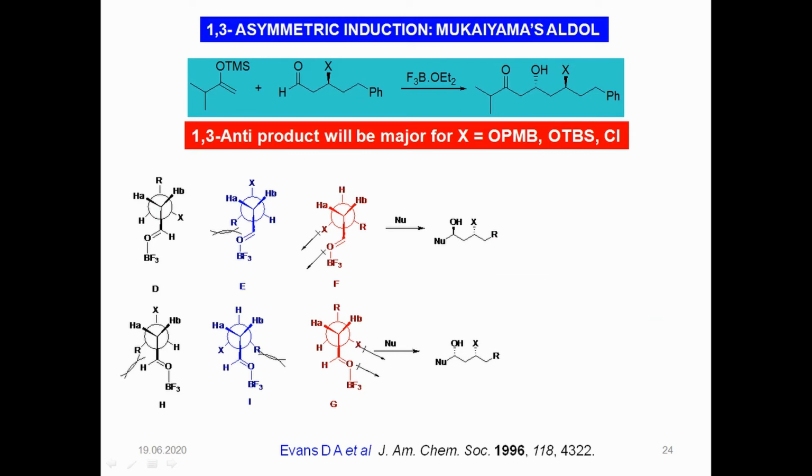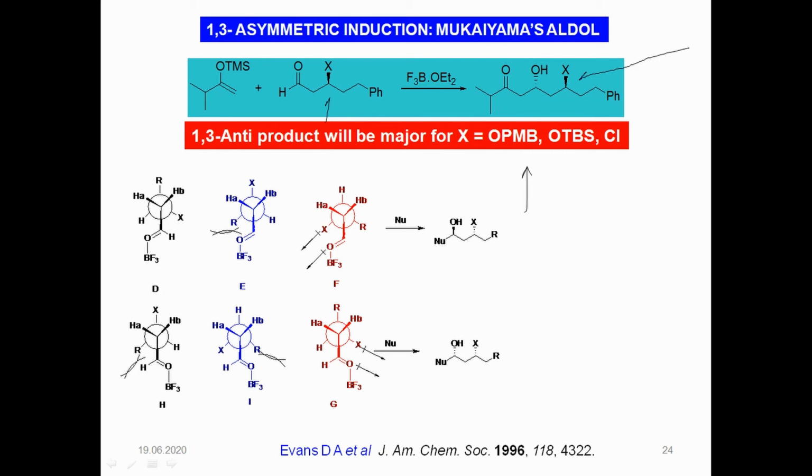Another methodology is 1,3 asymmetric induction. This is called Mukaiyama aldol. What we will do is protect the enolate in the form of a silyl enol ether, and add the enolate to an aldehyde having an OPMB or OTBS group at the third position. In the presence of BF3 etherate, we will get exclusively anti-stereochemistry. This is very important.